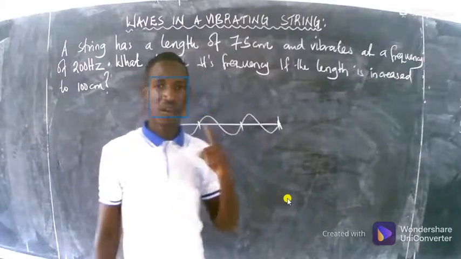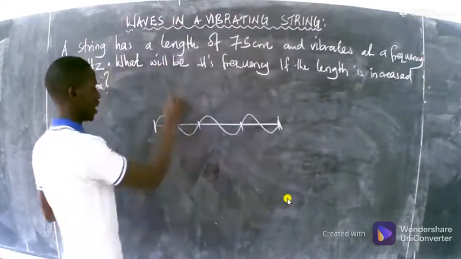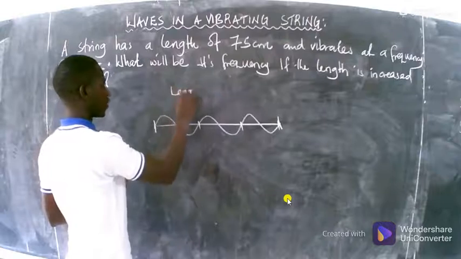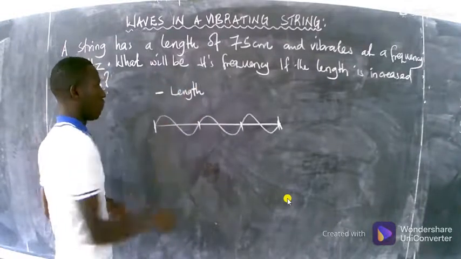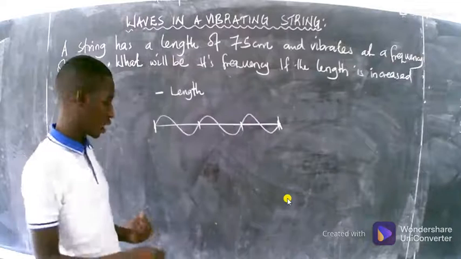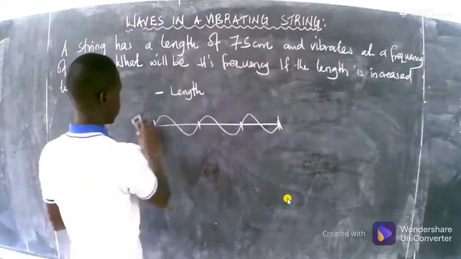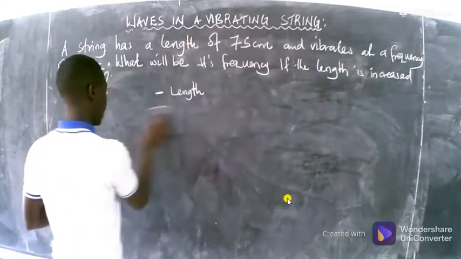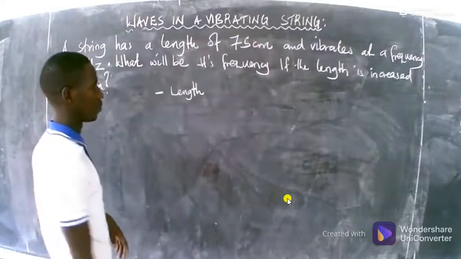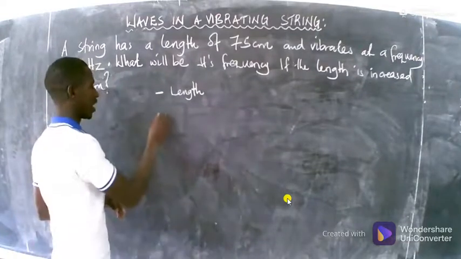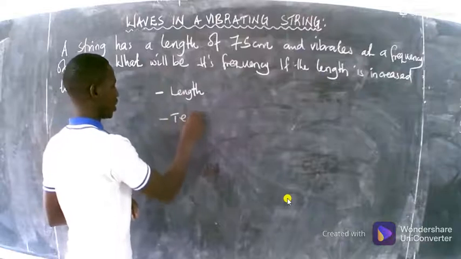The first factor is the length of the string. Among the factors which affect the frequency of oscillation of a string is the length of the string. Then the second factor is the tension in the string.